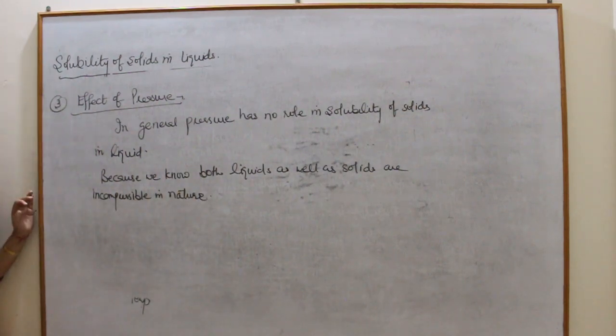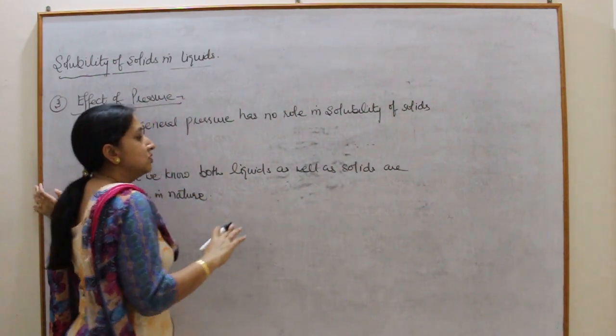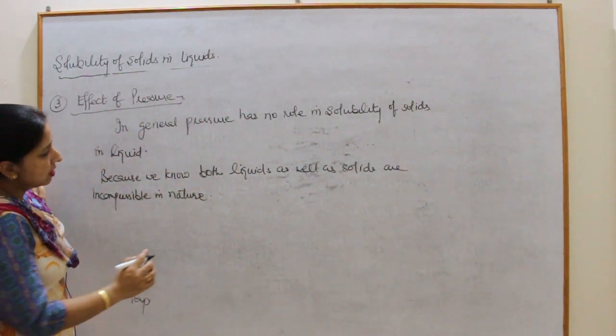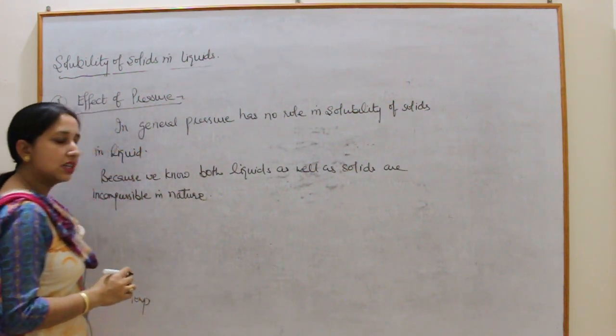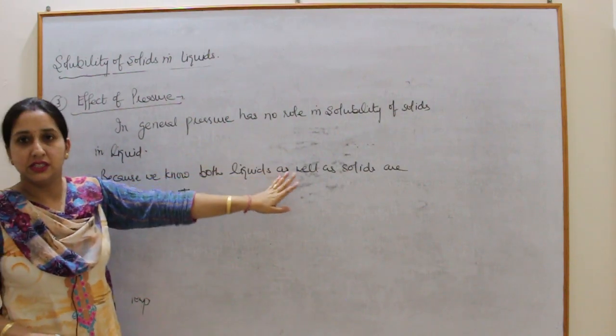This means with the increase in pressure, liquids and solids do not change their shape, and there will not be any effect of increase or decrease in pressure on the solubility of solids in liquids.